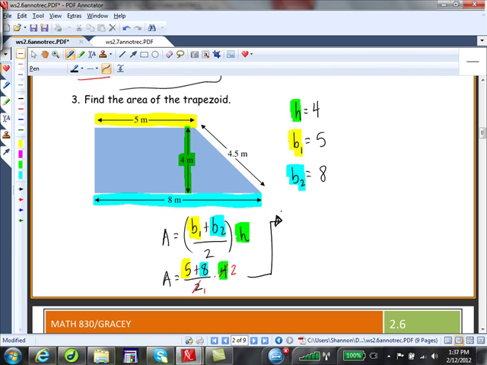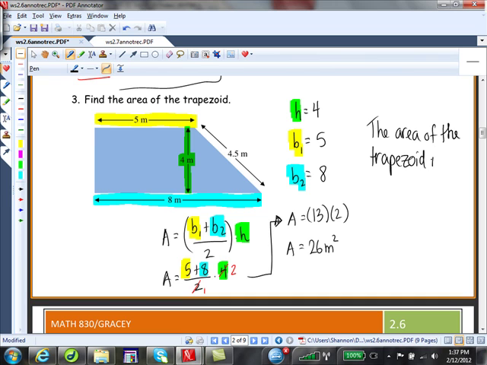And then our area will end up being, we have to add the 5 and the 8 first to get the 13, and then we can multiply that by 2. So the area will be 26, and that's in meters. And remember, area has square units, meters squared. So let's just write it in words. The area of the trapezoid is 26 square meters.